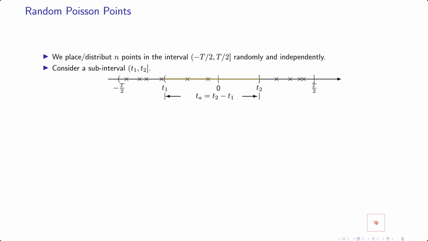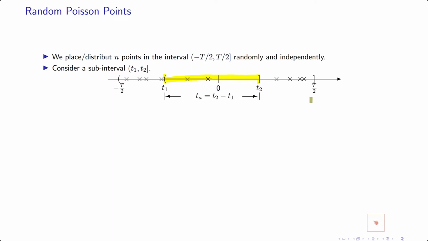So consider a subinterval from t1 to t2. I'm asking a very simple question. I have n points. All the points on this interval from minus T over 2 to T over 2 are equally likely.